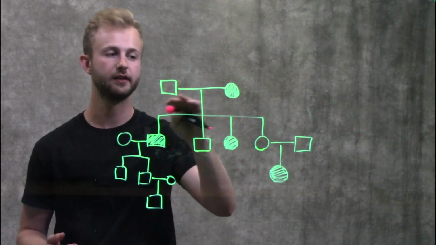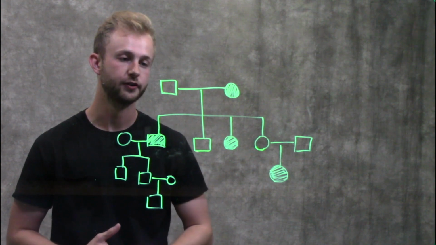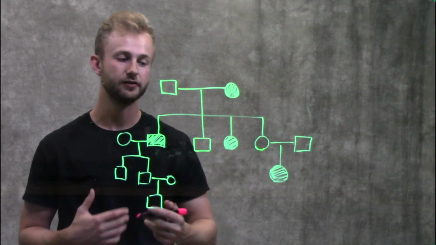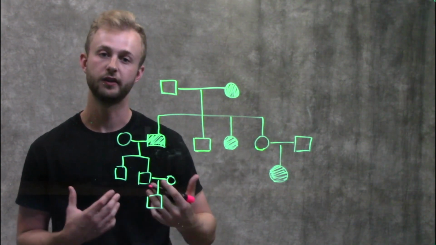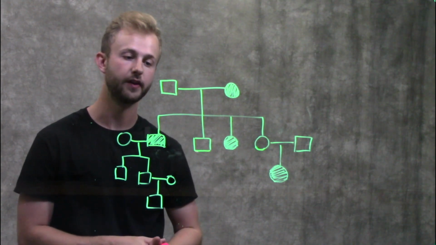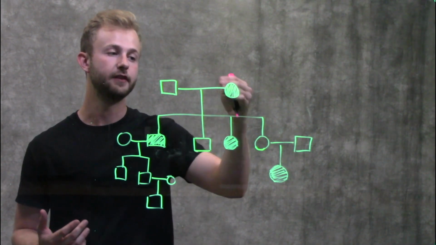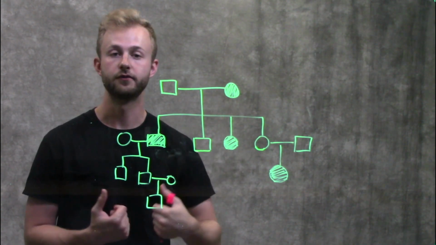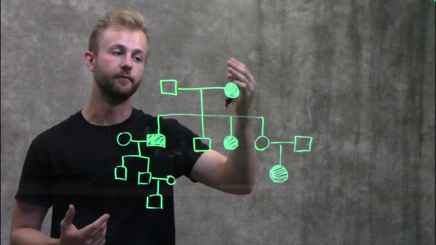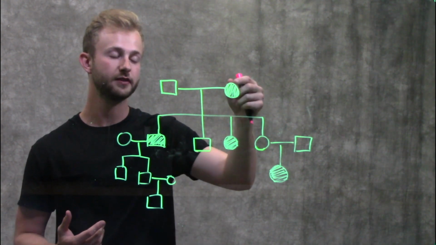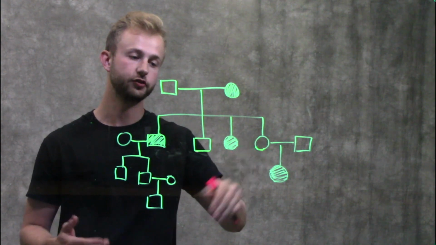Now, getting on to actually how this disorder is passed on. If we start with this first marriage and look at the children that they have, there's not a lot of great information that we can really use to figure out how this is inherited. Because if this disorder was dominant, then if this individual was homozygous dominant, then all of the children would have to be affected.